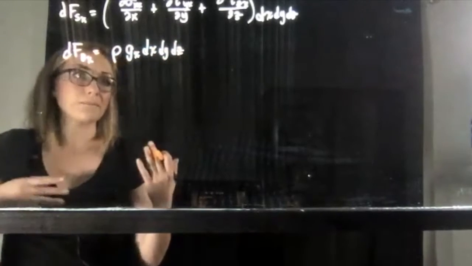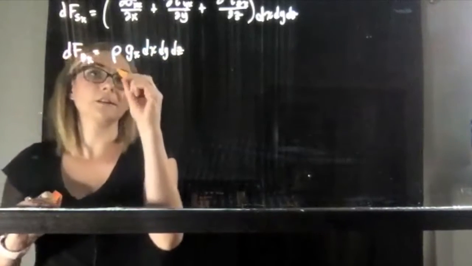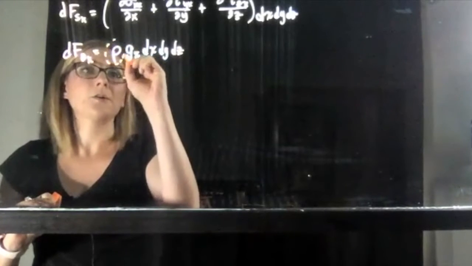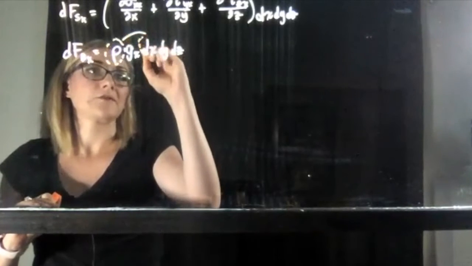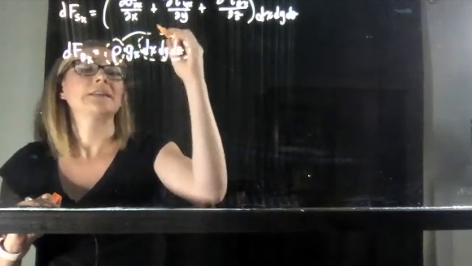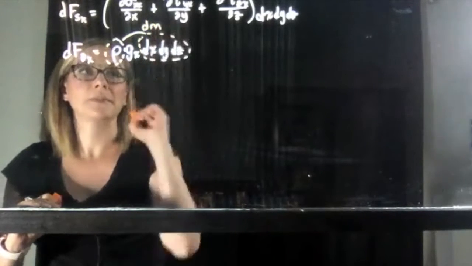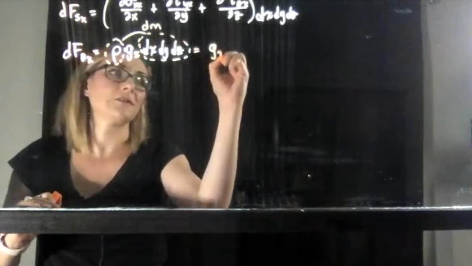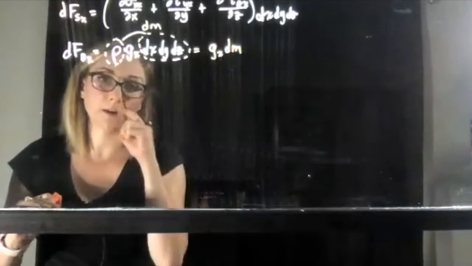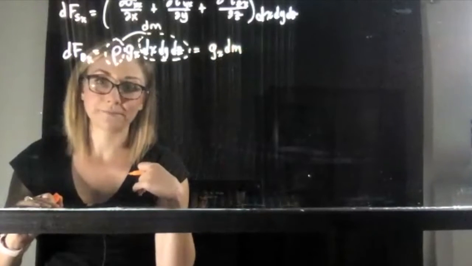And just to make this abundantly clear, our rho times our volume is the same thing as dm. So this is just g of x times dm, right? So mass times gravity.